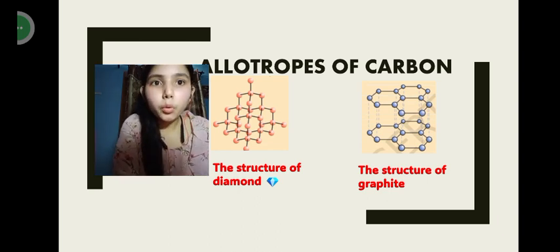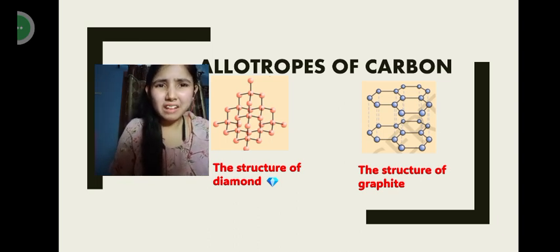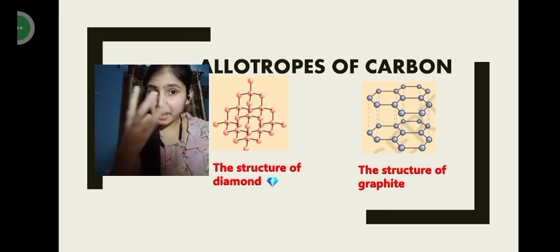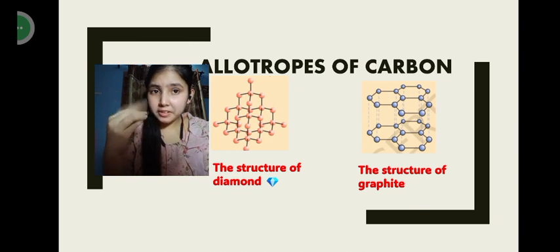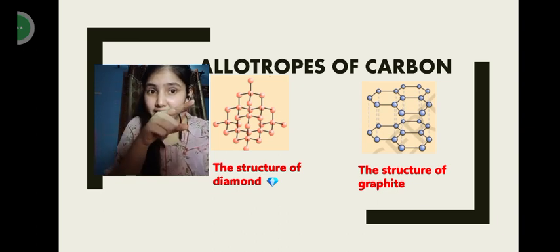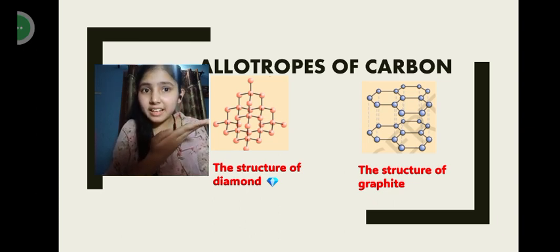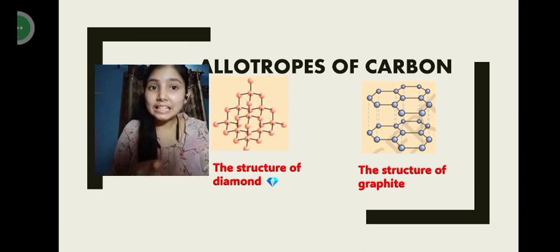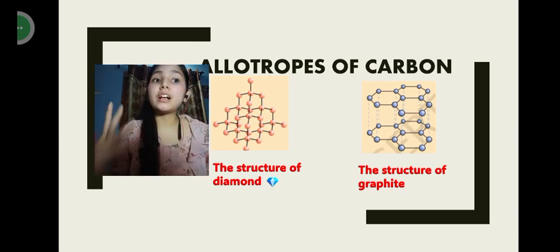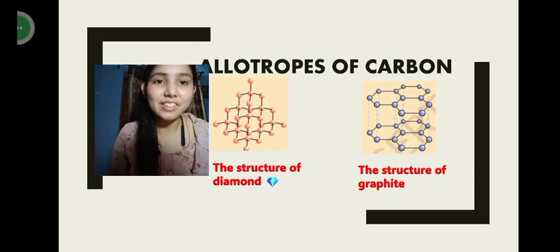Oh my god, what is this? Is that the diamond which shines, which attracts ladies? And what is the graphite? It is like a net. Carbon forms a net-like structure.